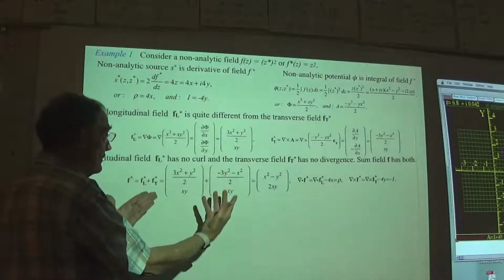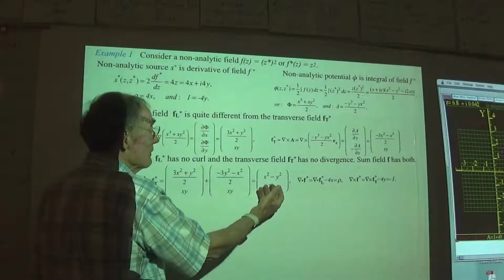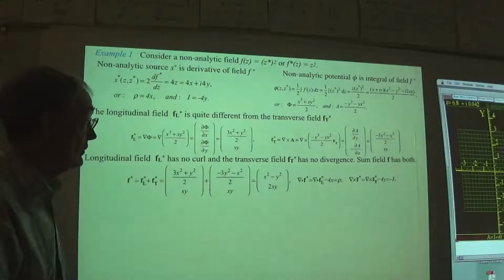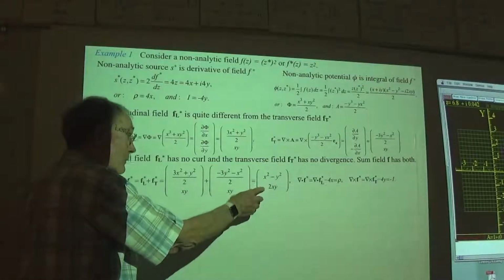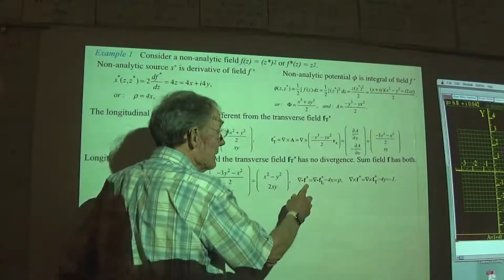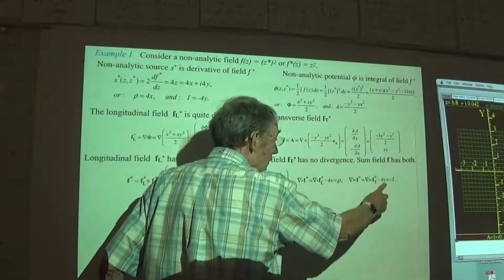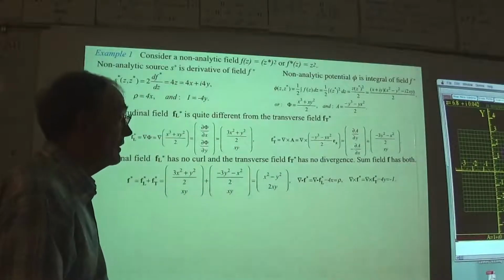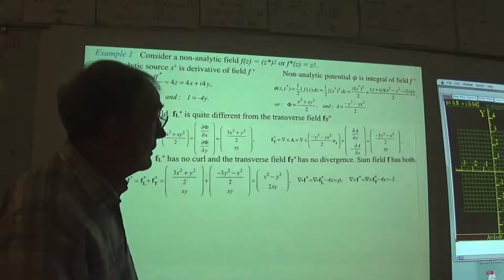So we break the field that we have here, which is this one. It's not too different from the one we had for f of z squared, but a little sign error there, a sign that it didn't have. And so here the curl is 4y and the divergence is 4x. Okay, that's our density of charge and density of current.